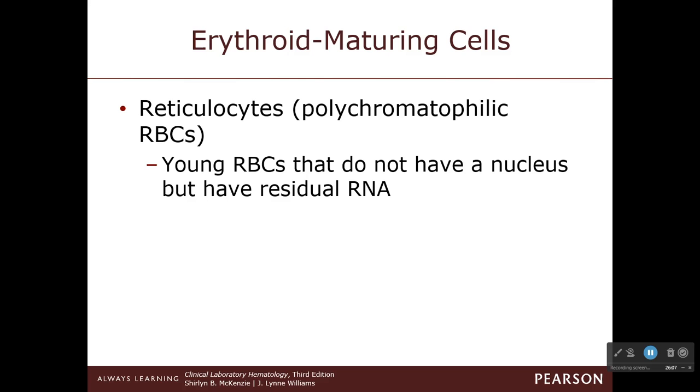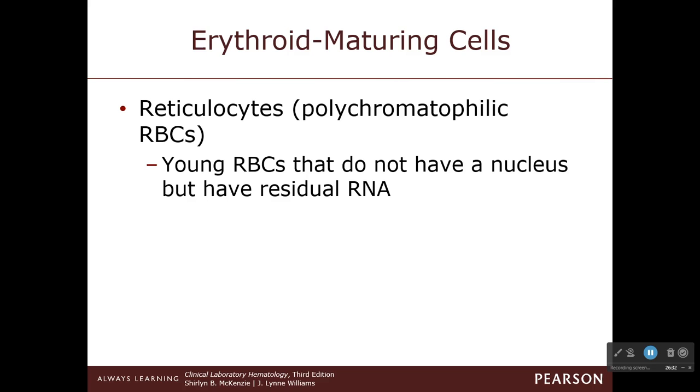What makes them reticulocytes with that polychromatophilic color is they actually have residual RNA left. I'm going to show you pictures of these later on. You've got red cells that are larger, usually macrocytes.